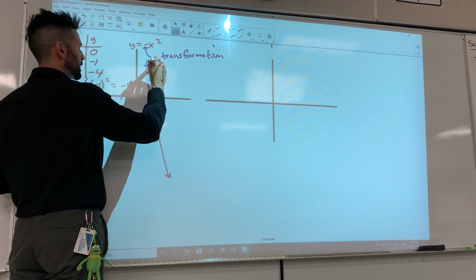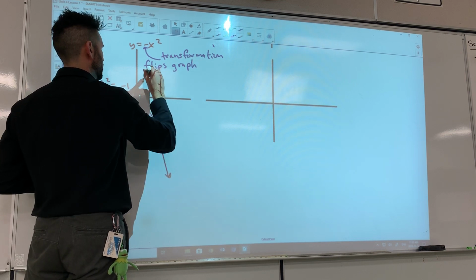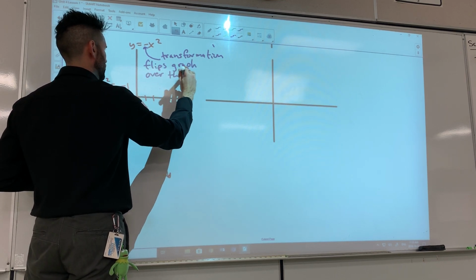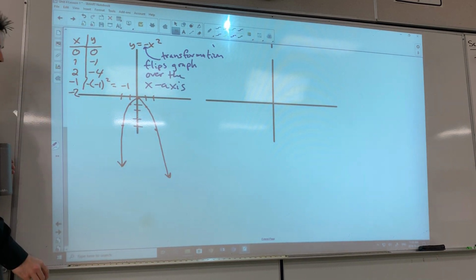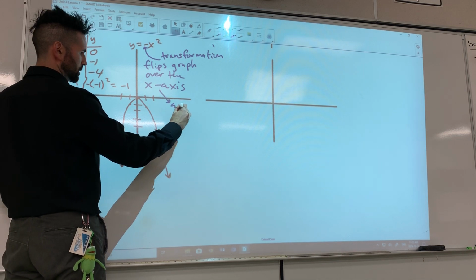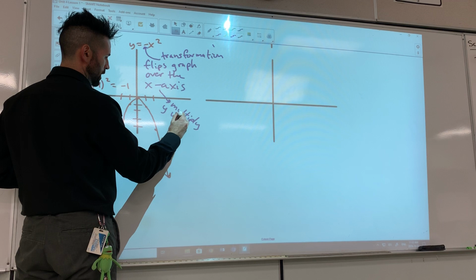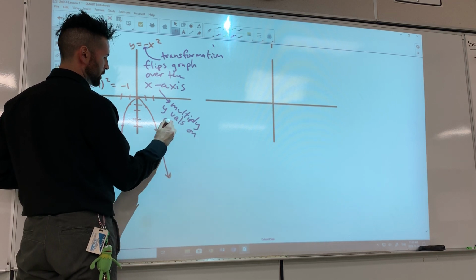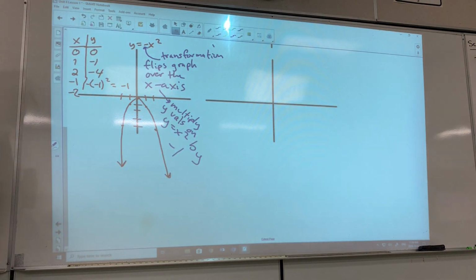Okay, so if you want to draw an arrow here, and just write transformation. So it flips the graph over the x-axis, which means that you are just multiplying the y values on y equals x squared by -1.